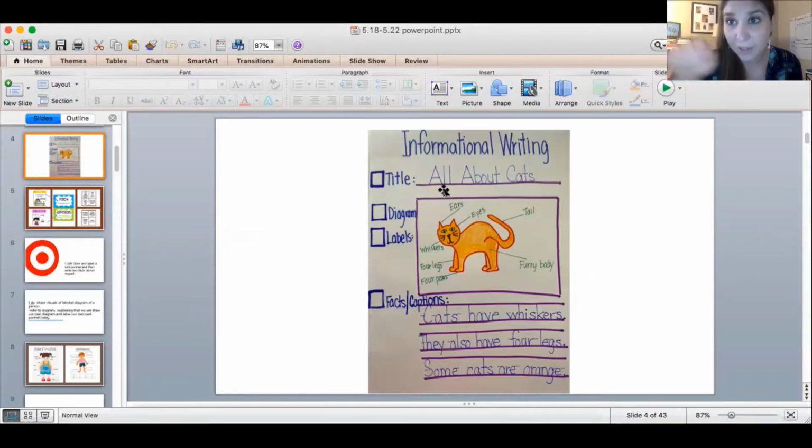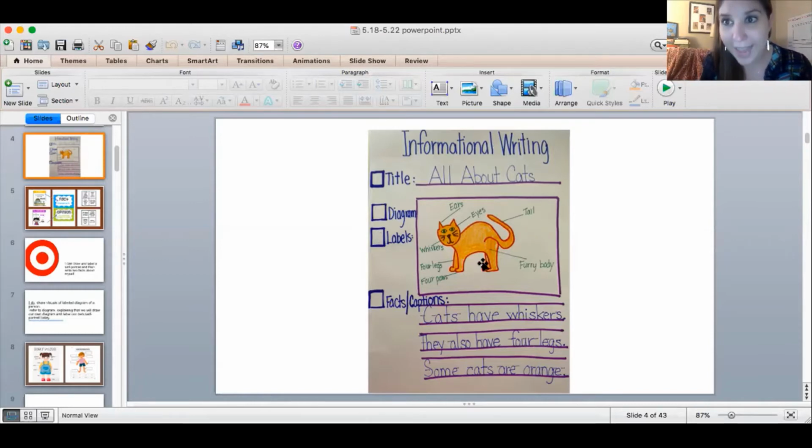So this title here, this says all about cats. We're not writing about cats today. This is just a model. Then another thing that we will be doing on our writing pieces are we are going to draw a diagram or a picture of whatever it is that we're teaching our reader about. A diagram is just a fancy way of saying a picture. We will also be adding labels to our picture, to our diagram, so that our reader knows what the different parts are.